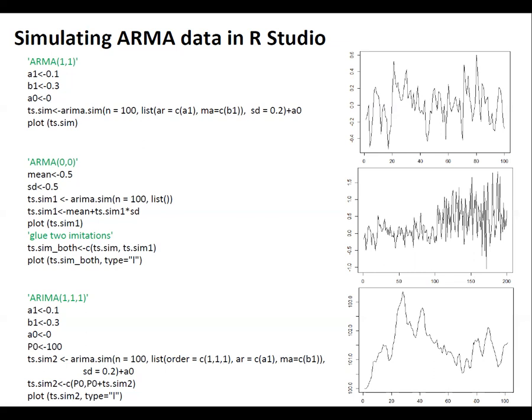So in order to get the series that we want, we must add some initial values P0. Here we generate the new value of TSSIM2 as a combination of the initial value, that is the last historical value that we have, or you can add some actual historical values that you had, that is a whole vector of previous values and the last historical value or initial value, plus what was generated for you with TSSIM2 earlier.